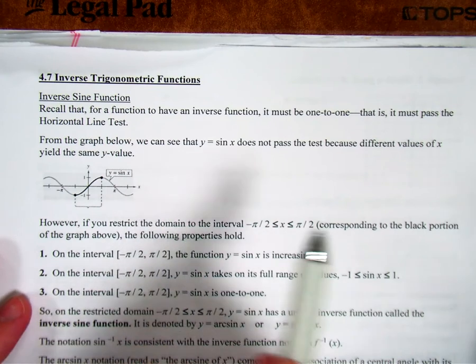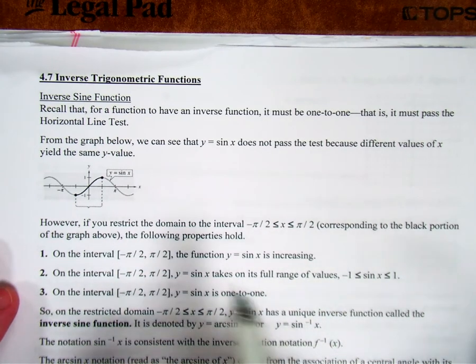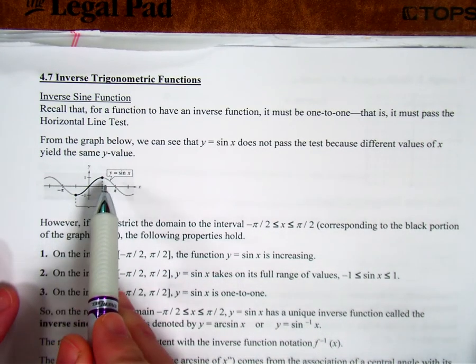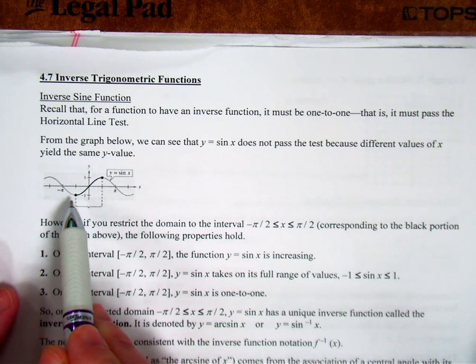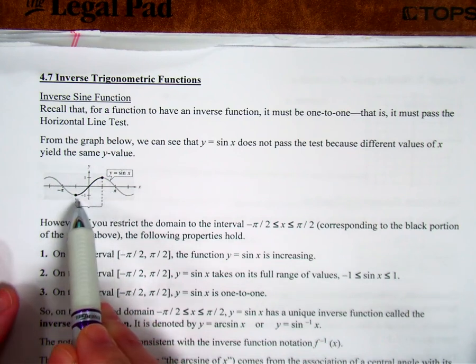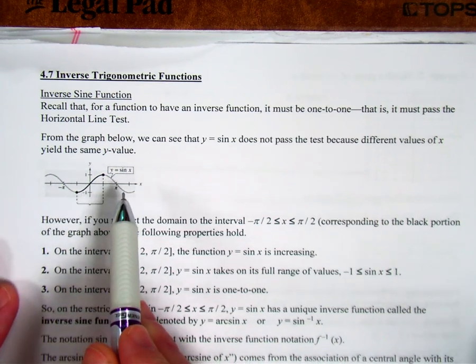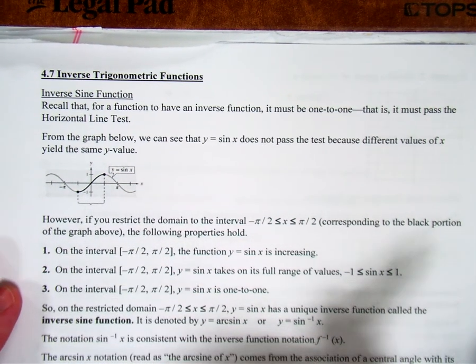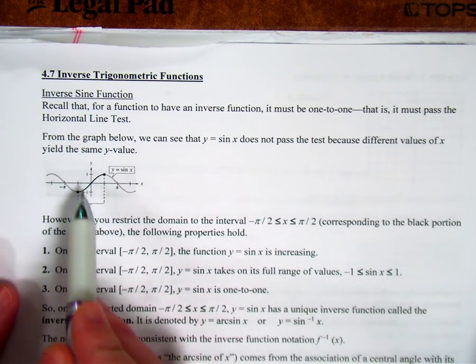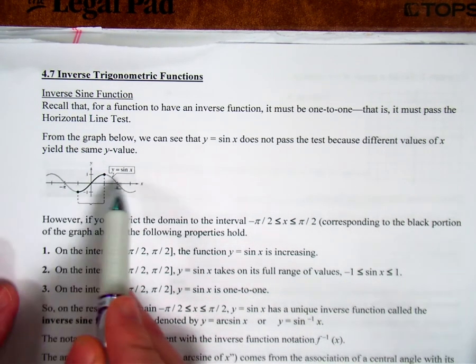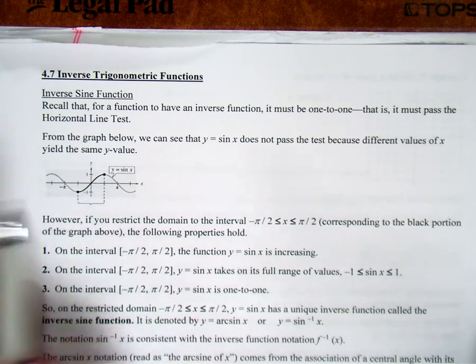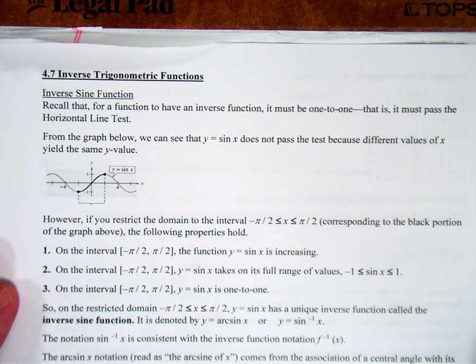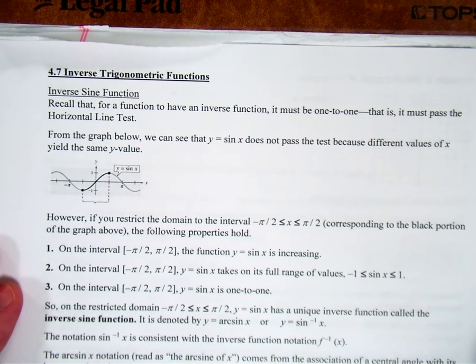So what we do with our sine and cosine functions is just look at the first little piece, from bottom to top. And that's how we're going to be able to get an inverse, because it passes the vertical line test and it also passes the horizontal line test, so we know we will be able to have an inverse.